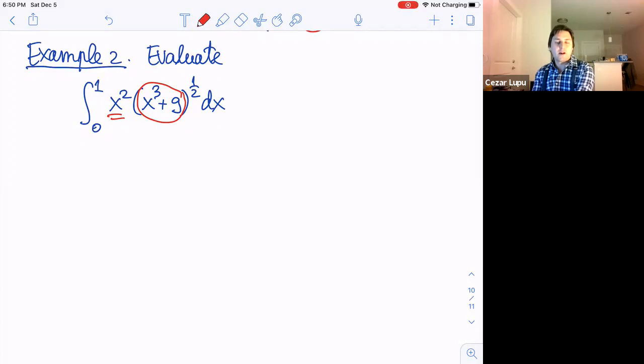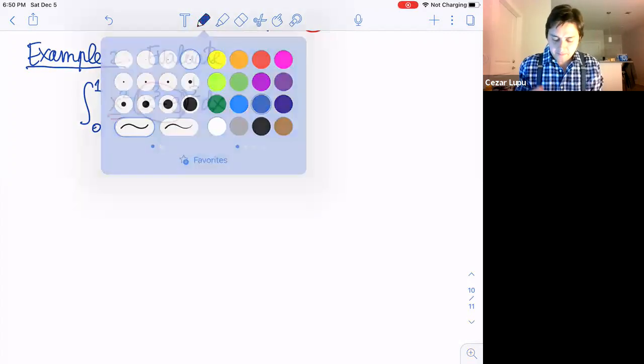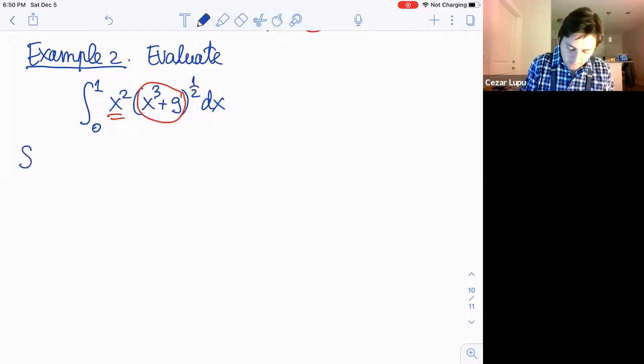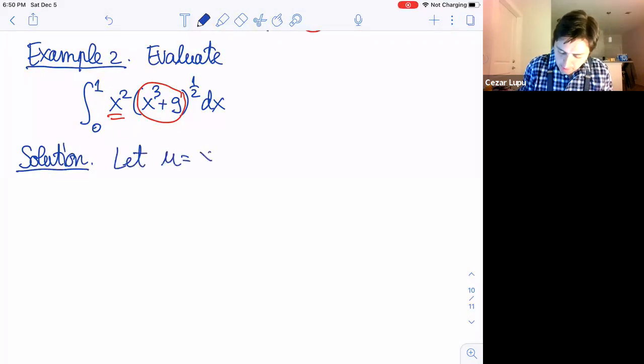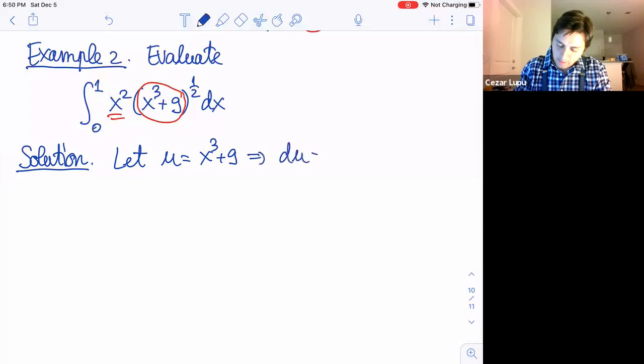Well, you have a constant 3 there. So maybe we should do this u sub. So let's see. Let u be x cubed plus 9. So once we have this x cubed plus 9, it follows that du is nothing else than 3x squared dx.